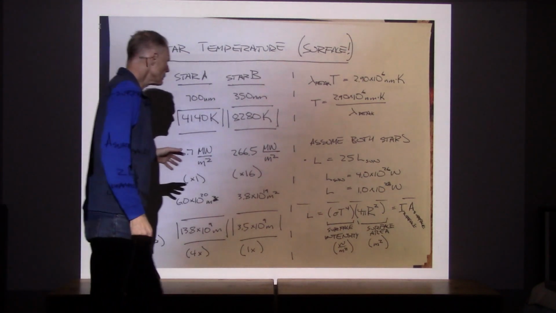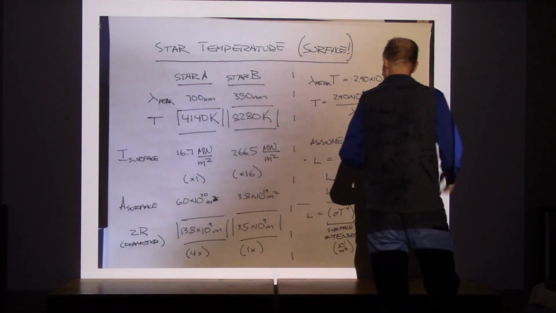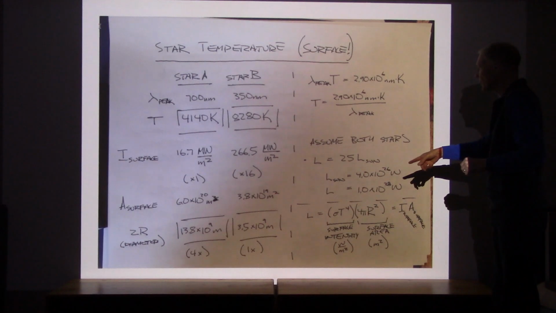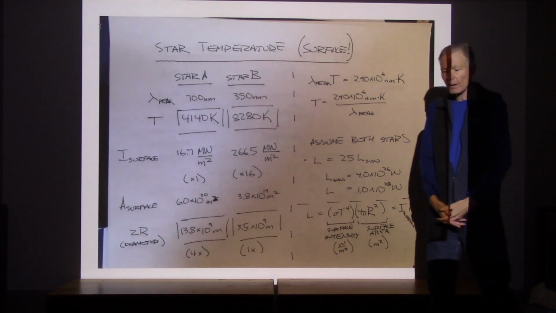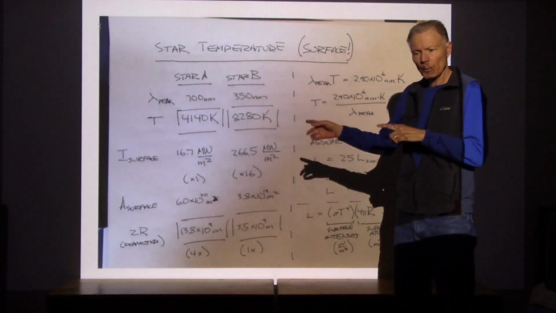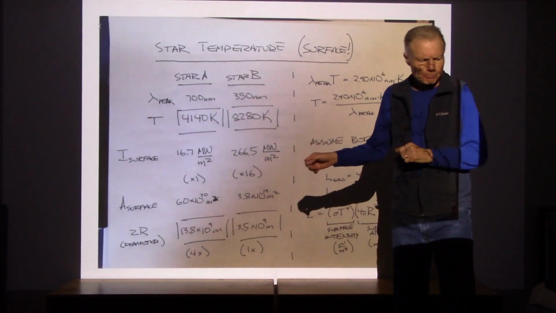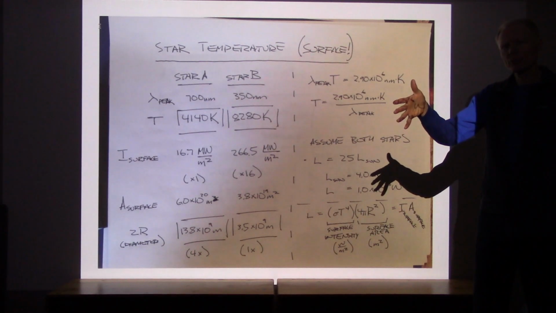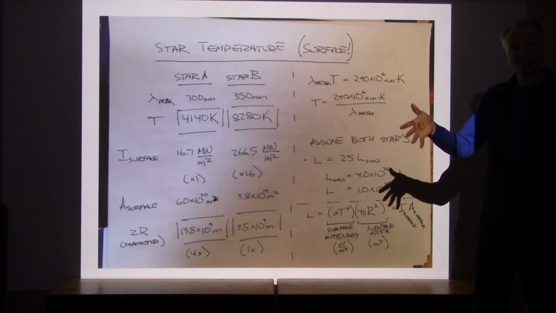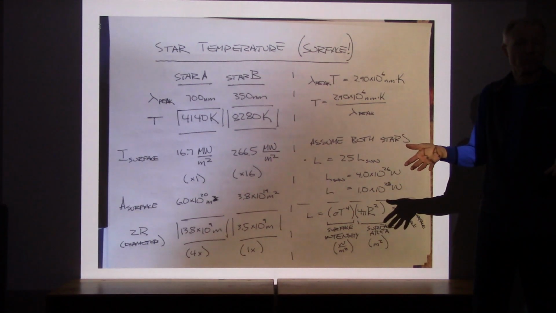Now another relationship that we can come up with, and I think that was included in that problem. The other question they ask about is, okay, fine, we know what the surface temperatures are. What about the diameters of the star? Is there a way we could actually figure what the diameter of a star is?